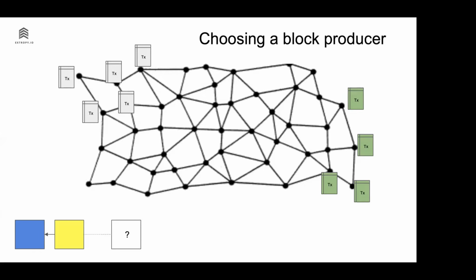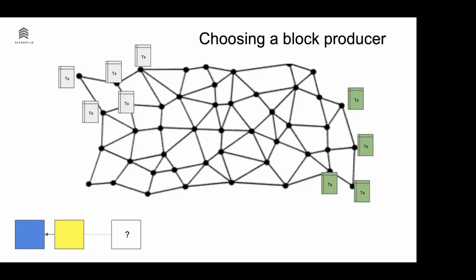But how can we decide what is the correct view? What is the single source of truth about our system at this particular time? If you ask different nodes, they will give you different answers. Some will say it's the one containing the gray transaction. Some will say, no, it's the one with the green transaction. And some will say, we haven't seen either of these transactions. So we have a completely different view of the state at that particular time.